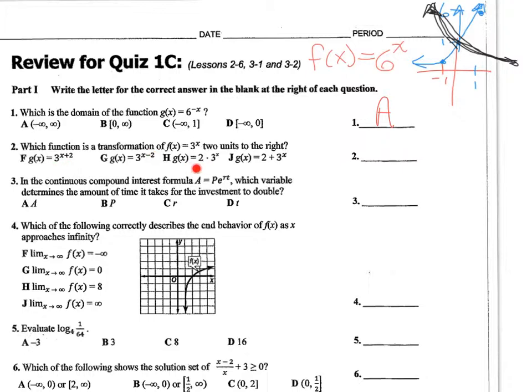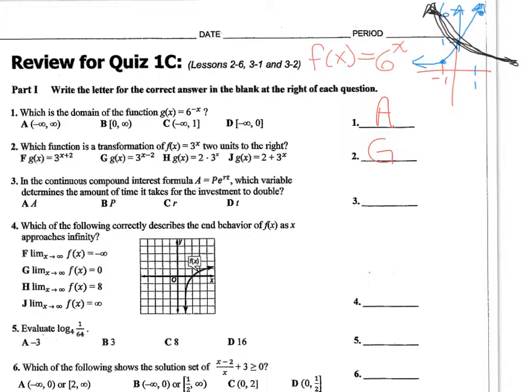What about h? It's a vertical stretch by a factor of 2. And what about j? 2 units up, so it's translated up 2 units. So this is letter G.